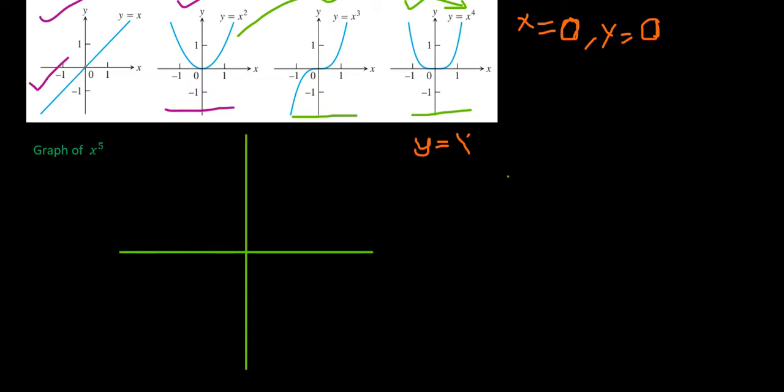This is our equation, x raised to the power of 5. The first point that we are going to plot is 0, and it lies over here at the origin. Our next point will be 1.